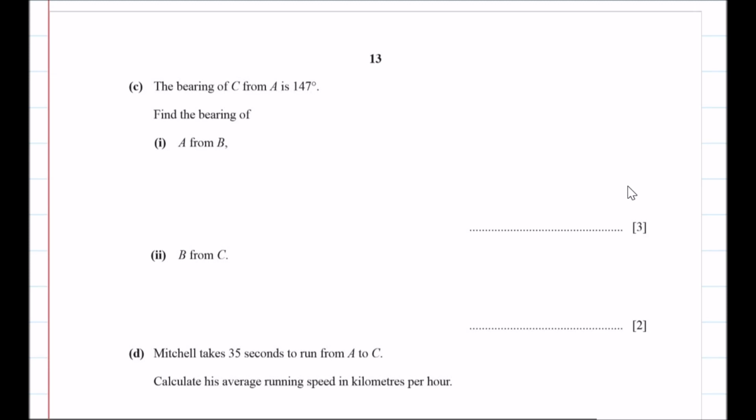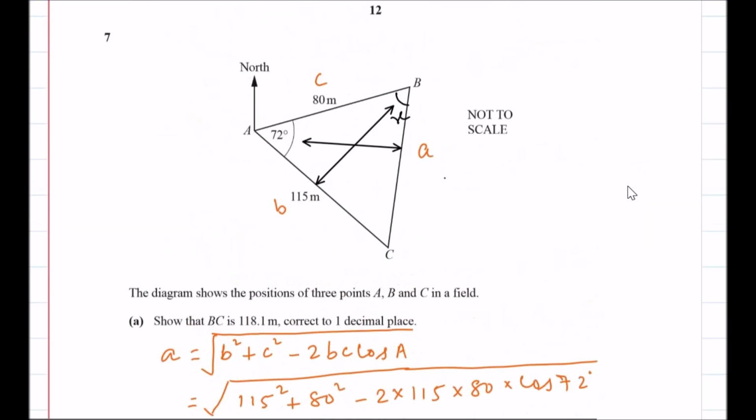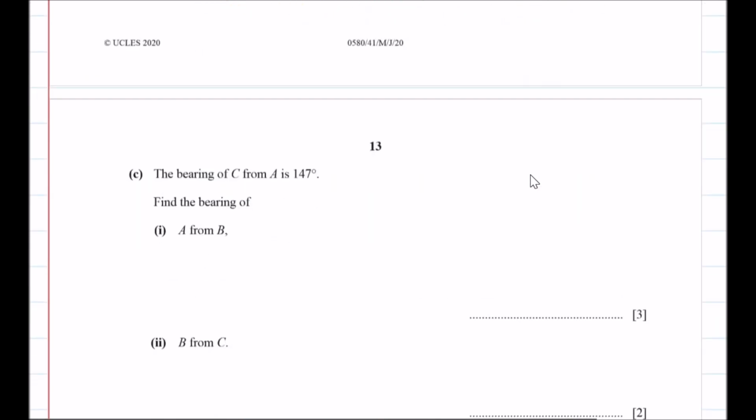Next part, part C. The bearing of C from A is 147 degree. Bearing of C from A. It is 147. This is 72, and whatever angle here, both should be combined, and that should give us 147 degree.